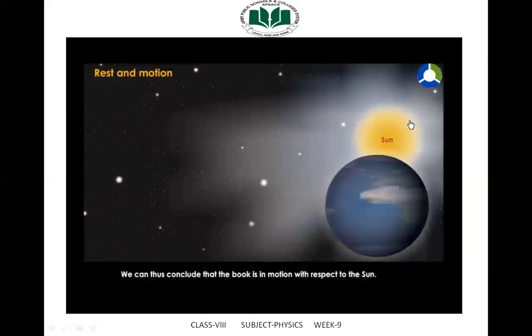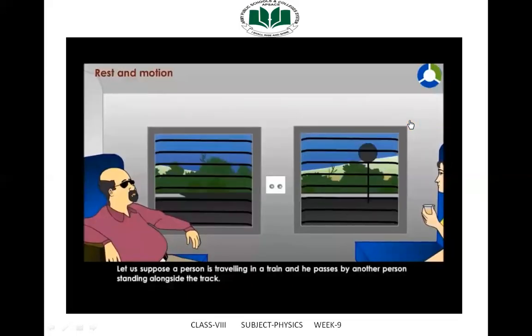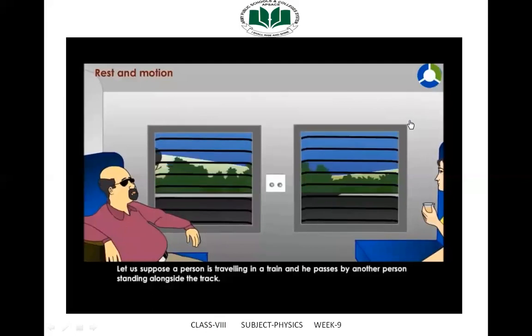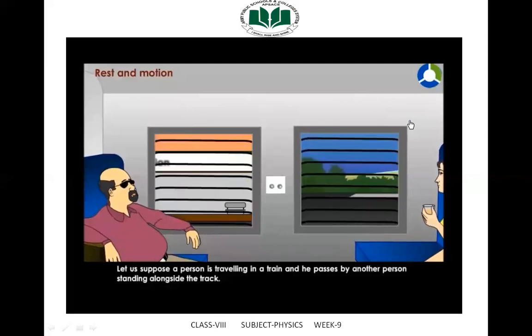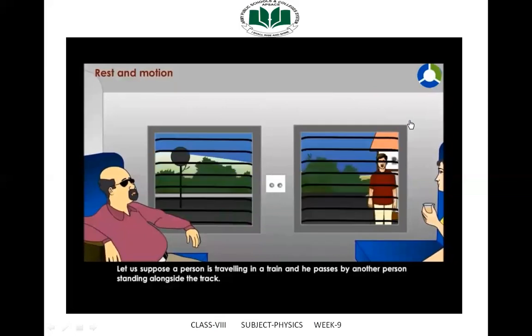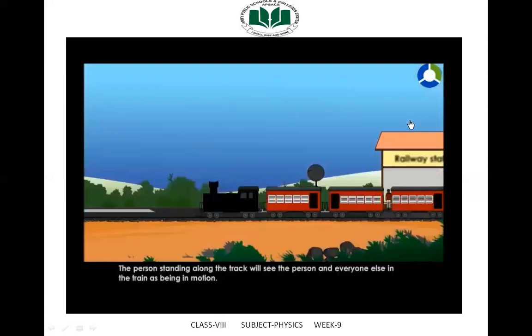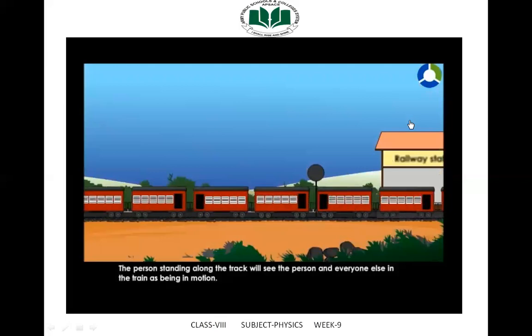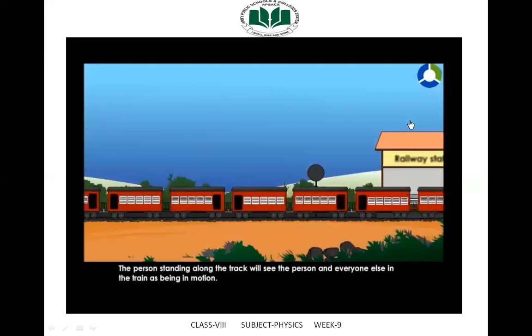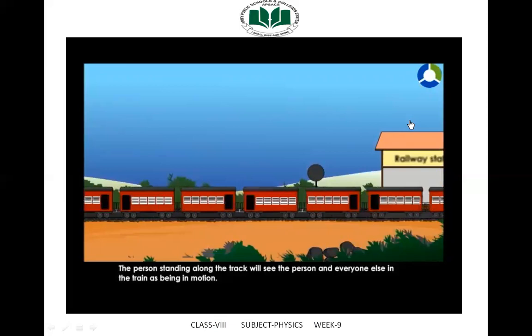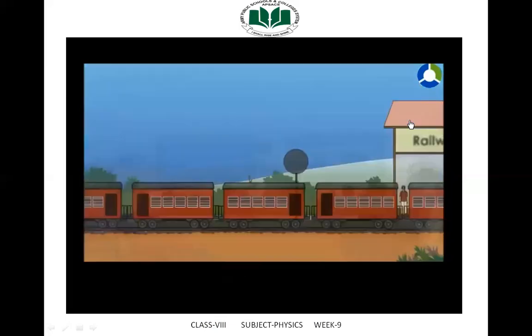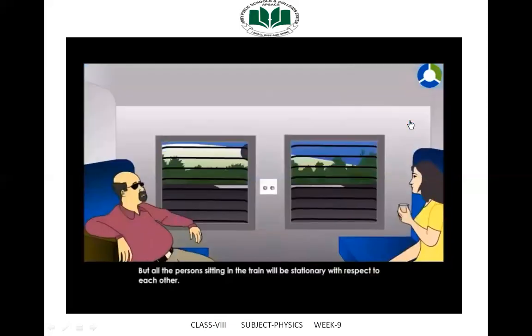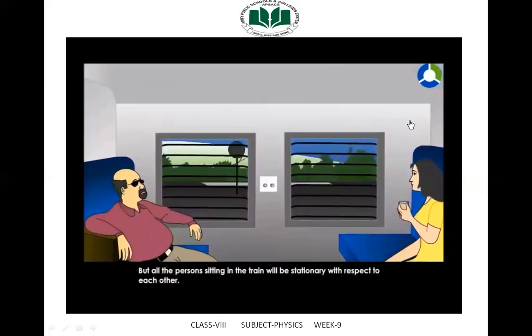Let us suppose a person is traveling in a train and he passes by another person standing alongside the track. The person standing along the track will see the person and everyone else in the train as being in motion. But all the persons sitting in the train will be stationary with respect to each other.